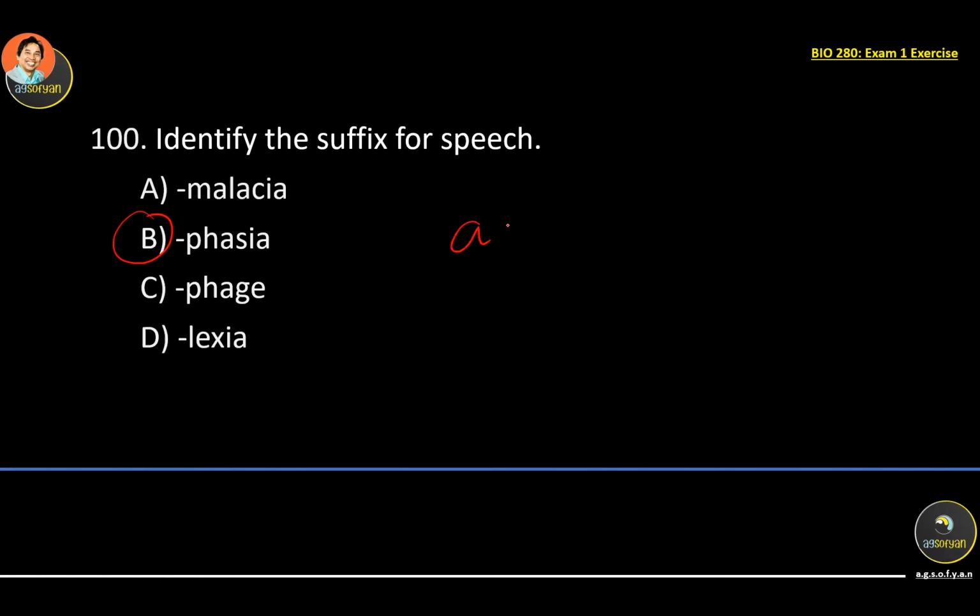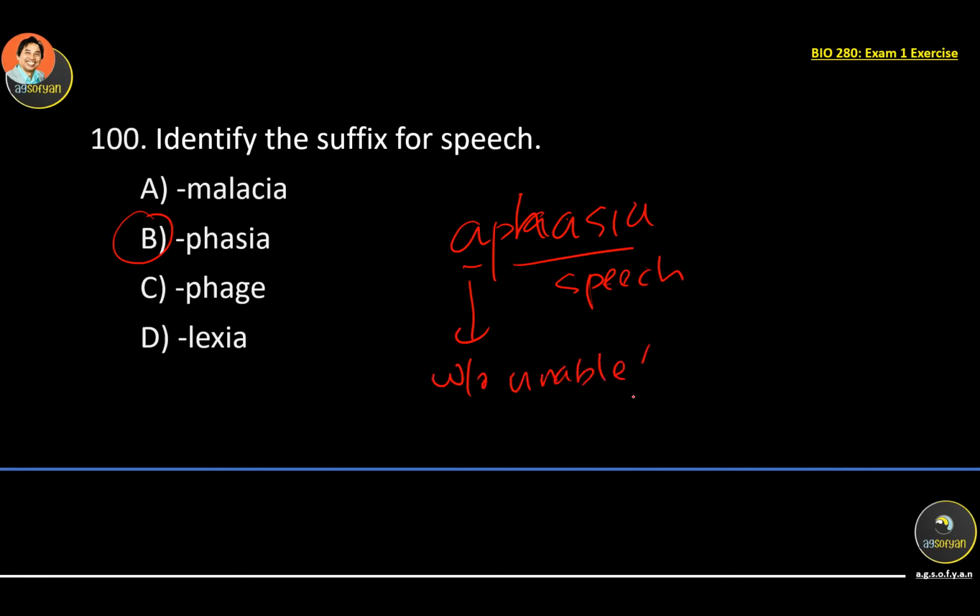It's called, remember, a means no or without, so this disease is called aphasia. This is speech, with the prefix meaning without, unable, or abnormal.